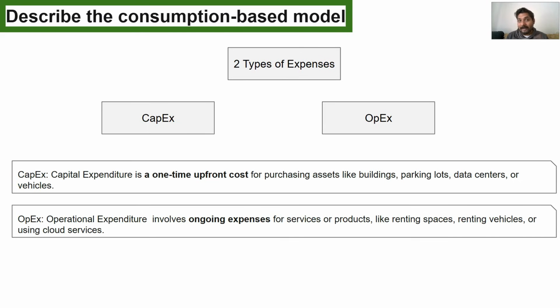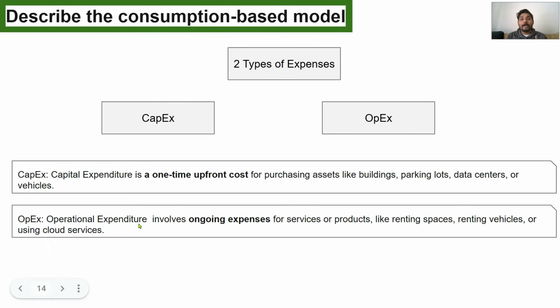Or I rent a car. I pay for those many days or that duration I'm using. For example, I need a car for 2 days. So I'll pay the amount agreed between both parties: for 2 days I pay X amount. So when I pay it, it is an operational expenditure. I use it and I'm done. I don't have to buy the car.